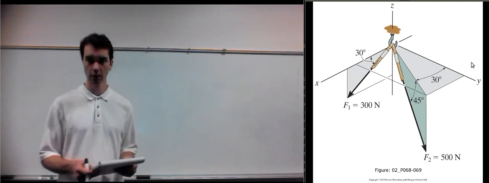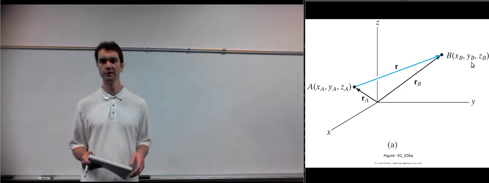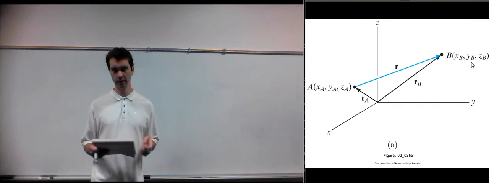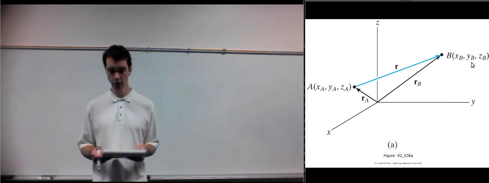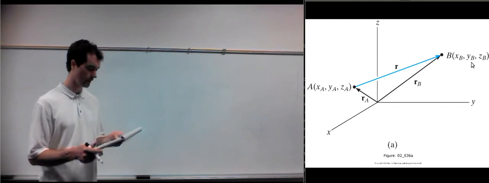So looking at the figure, we have 2 points, point A and point B, and position vectors. We'll represent those with an R typically. So RA and RB.